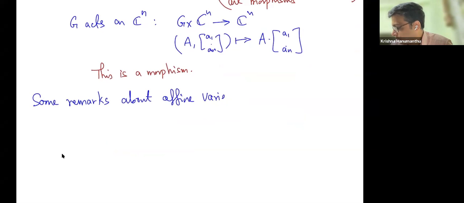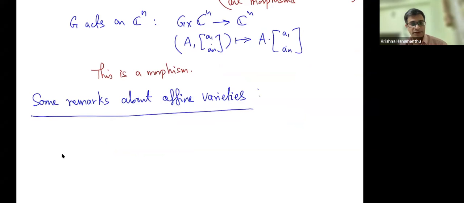Affine varieties, not quasi-affine varieties. These are actually closed subsets of the affine space. So let's see.